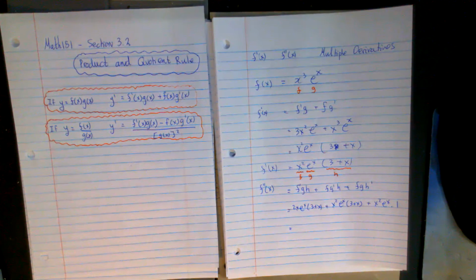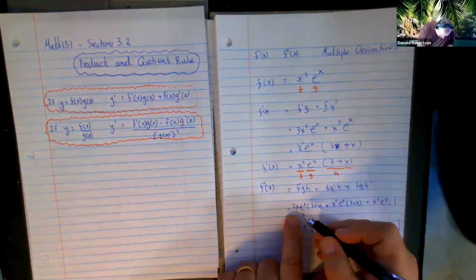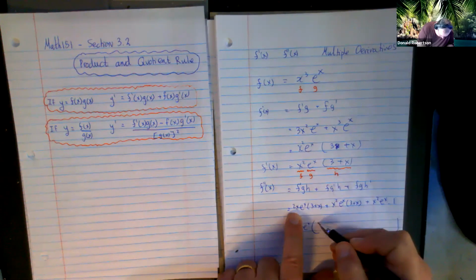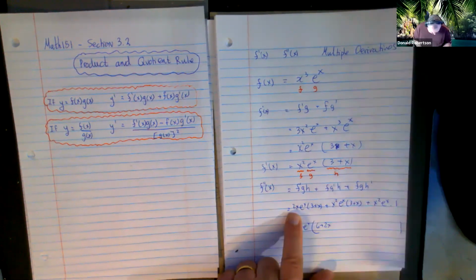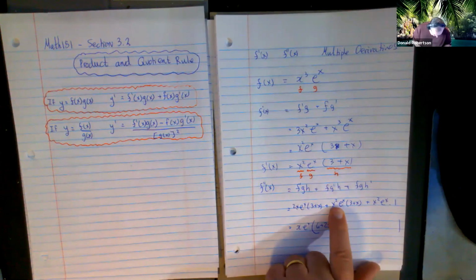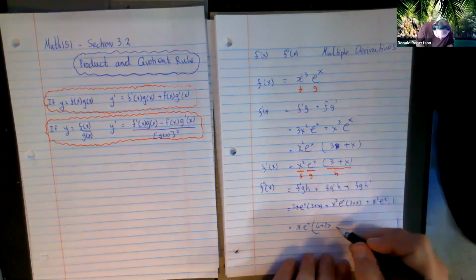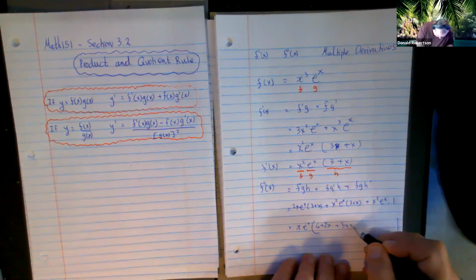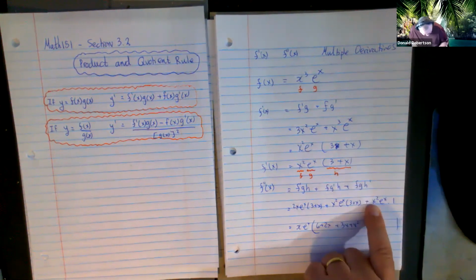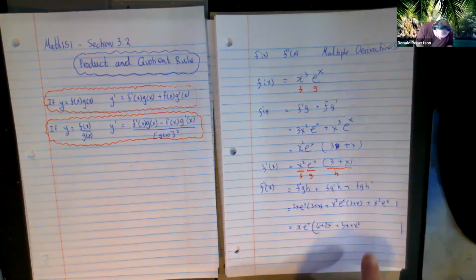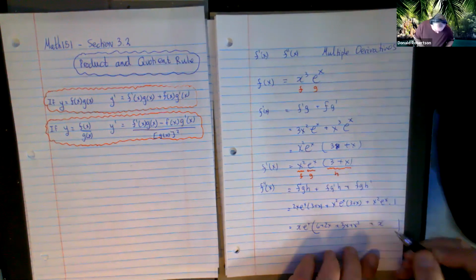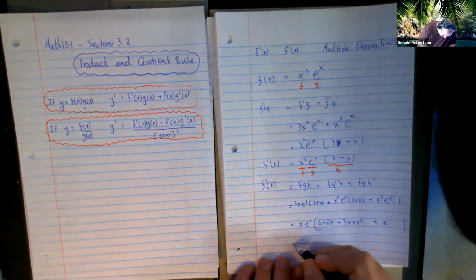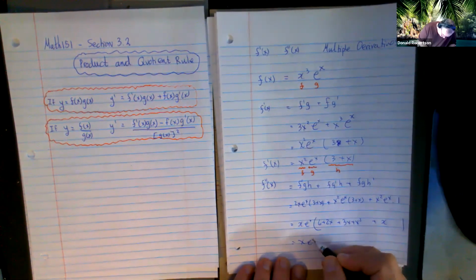Now, if you use up an x and an e to the x in this first one, won't you be left with 2 times 3 plus x, which I'm just going to multiply out? If you use up an x and an e to the x in this middle one, you've still got an x left over and a 3 plus x, so I'll multiply them. And in this one, if you use up an x and an e to the x, you still have an x times 1.